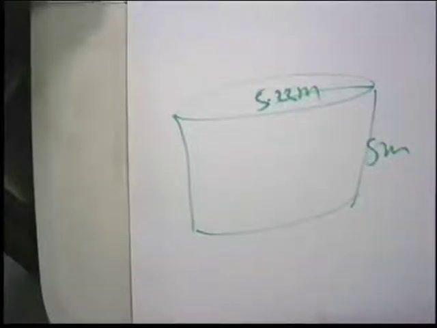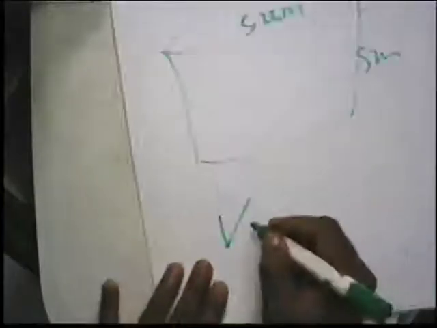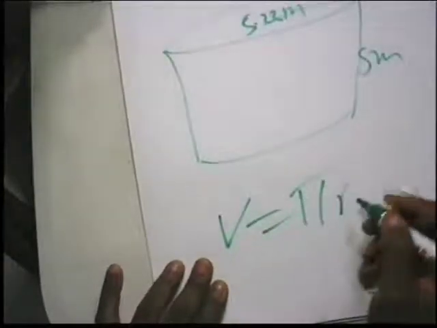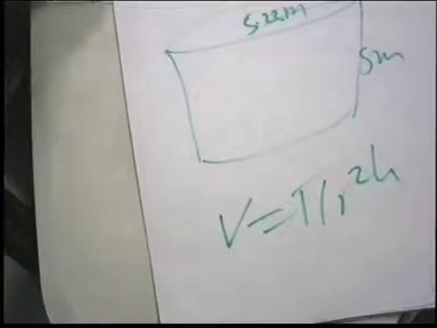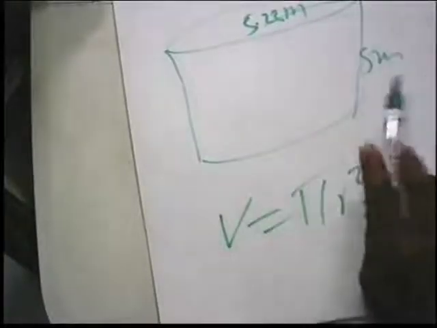Volume is always pi r square, that is the square of the radius, multiplied by height. This is the square of this one multiplied by 8. Then you get your answer. So those are the ones I thought I should share with you, which might be a problem for you.